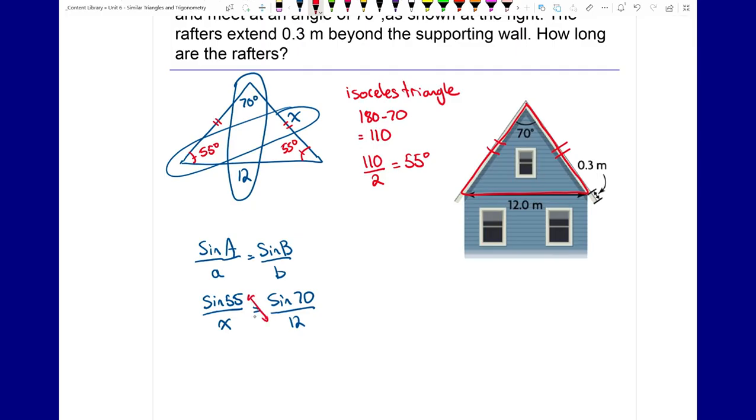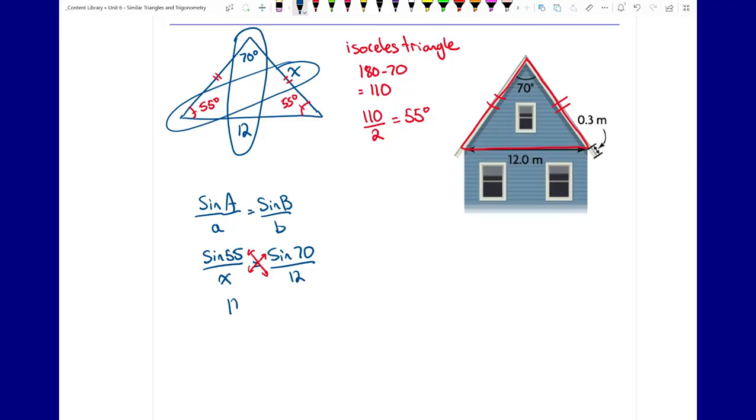I'm going to cross multiply and get 12 times sine 55 equals x times sine 70. I want to get x by itself, so I'm going to move sine 70 over. We get 12 times sine 55 divided by sine 70 equals x.